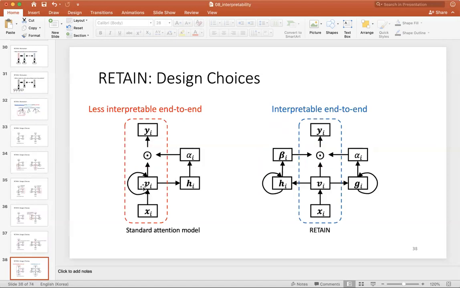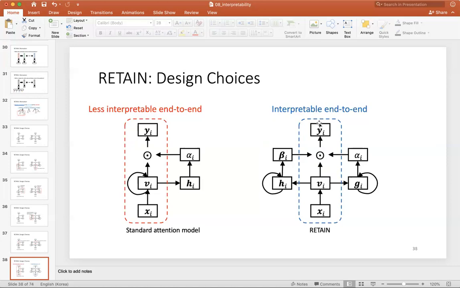So the fundamental difference between the standard approach and the RETAIN approach is you look at the prediction pathway from x_i all the way to y_i. When you have x_i, there's a path all the way to y_i, and there's a self loop here, so there's a nonlinear RNN involved in this pathway. But here there is no RNN involved in this pathway all the way from x_i to y_i.